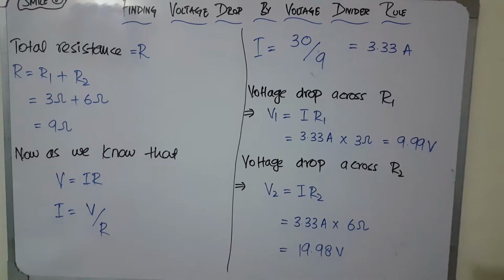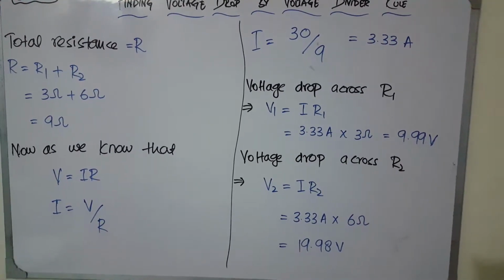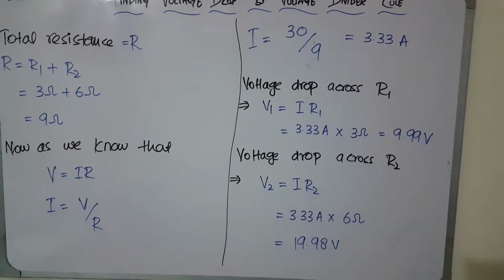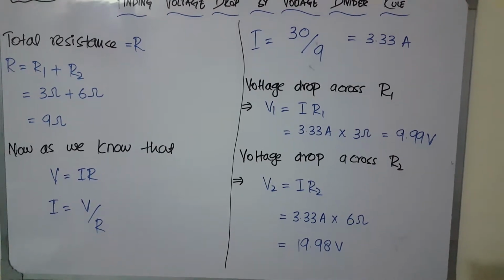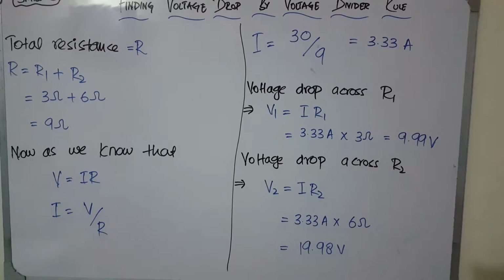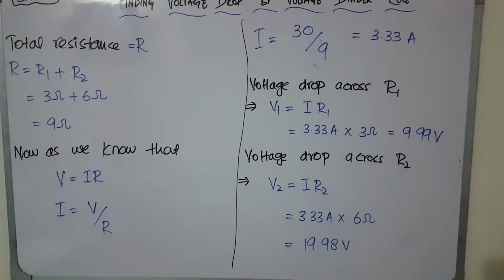After that, we find the voltage drop across R1. V1 equals IR1, and the answer comes to 9.99 volts. The voltage drop across R2, V2 equals IR2, comes to 19.98 volts. So this we have found by another method.